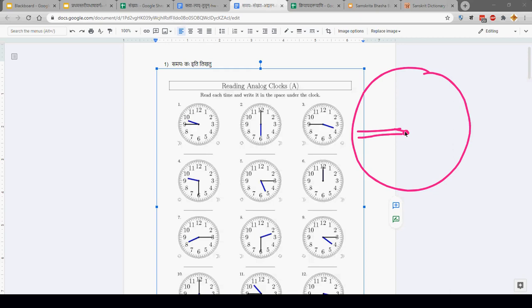Quarter to 9. Yeah. Padona. Padona nava. Yes. Padona navavadanam. Yeah. So what is your time, Giovanni? Okay, yes. Padona trivadanam. Padona 3.